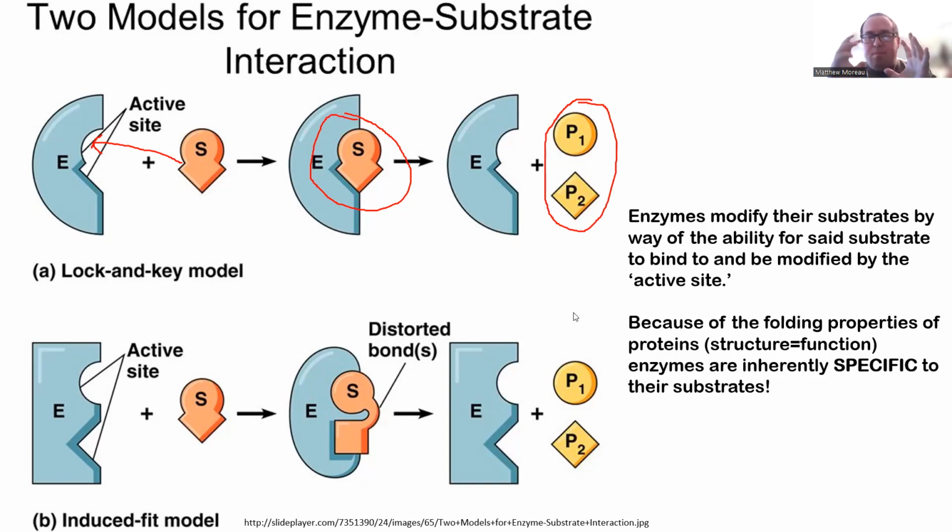Well, products that you create are chemically distinct from the substrate, right? These two products are a very different shape than this one substrate. So if enzymes are specific to their substrate or their ligand, once you change that substrate or ligand, you change that affinity, you change that ability to bind.